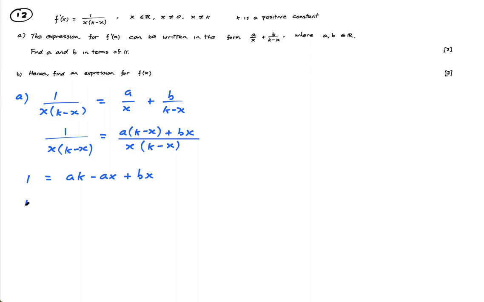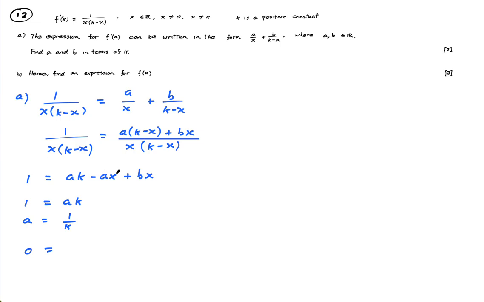So 1 must equal ak, because the constant term on the left is 1 and the constant term on the right is ak. So 1 must equal ak, therefore a must equal 1 over k. And the coefficient of x on the left is 0. There is no x term on the left.